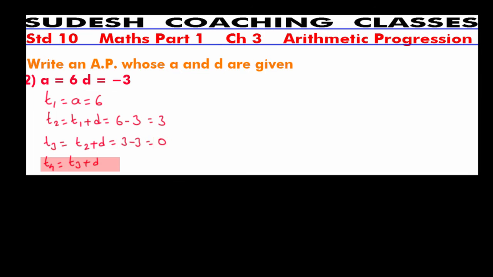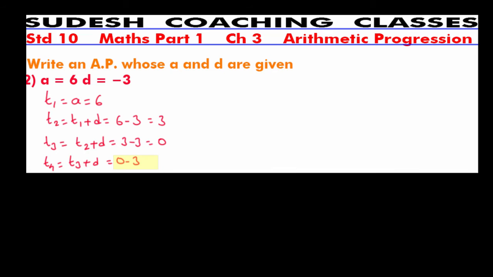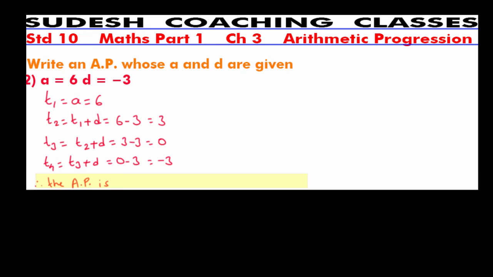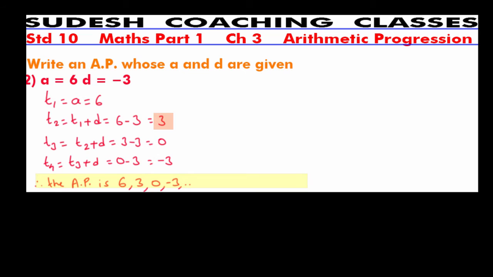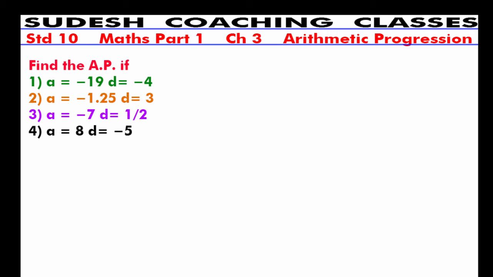T4 is T3 plus D, which will give 0 minus 3, and which will give minus 3. So the required arithmetic progression is: first term is 6, 3, 0, minus 3 and so on. Find the arithmetic progression for the following sums by pausing the screen and doing the sums.